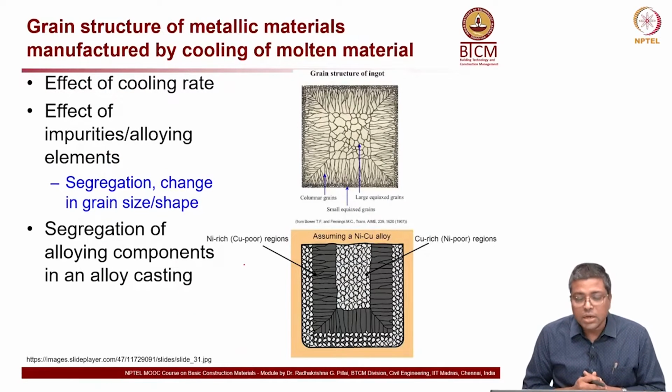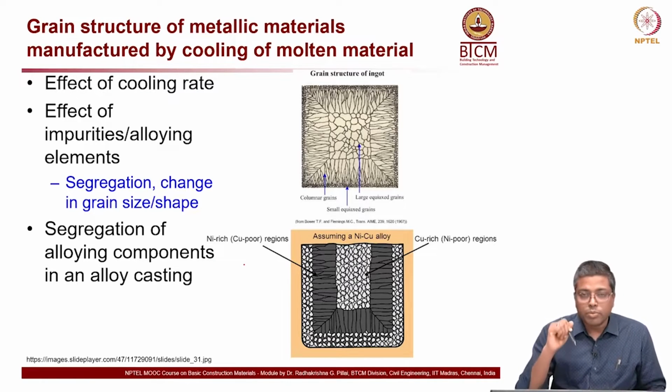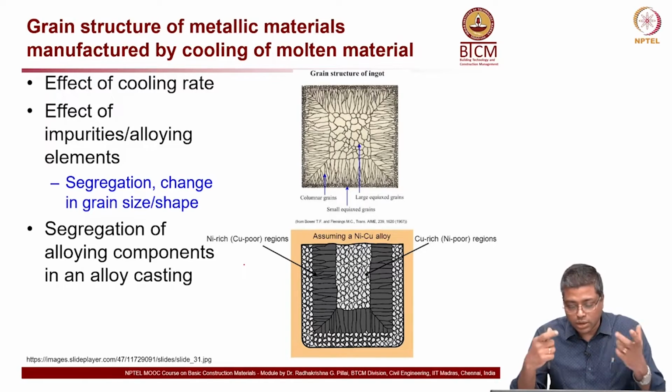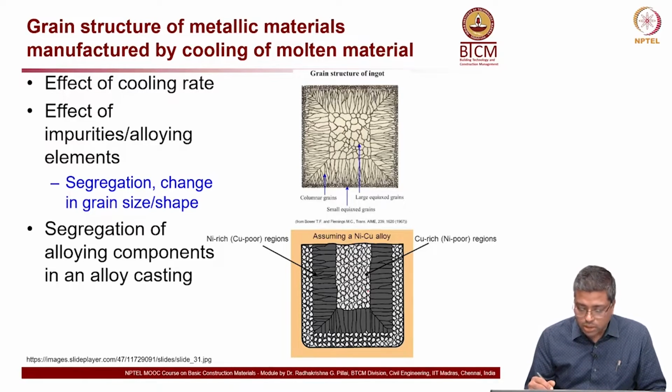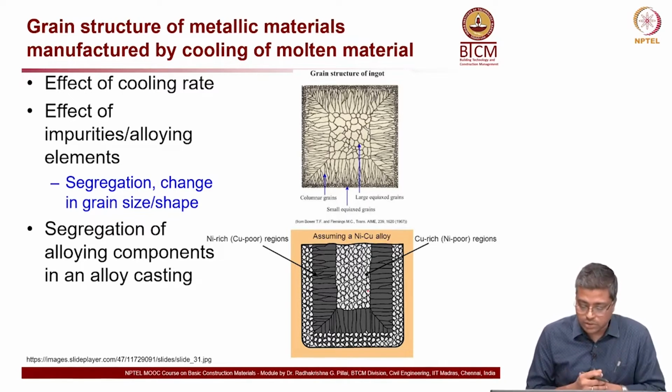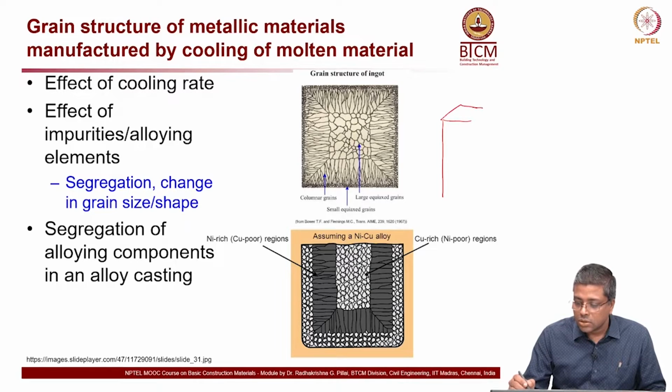Now, here you can see how the cooling rate matters. The top picture on this slide is the cross section of an ingot, or we can call it a rod, and the bottom is the side face, or the cross section in the longitudinal direction.